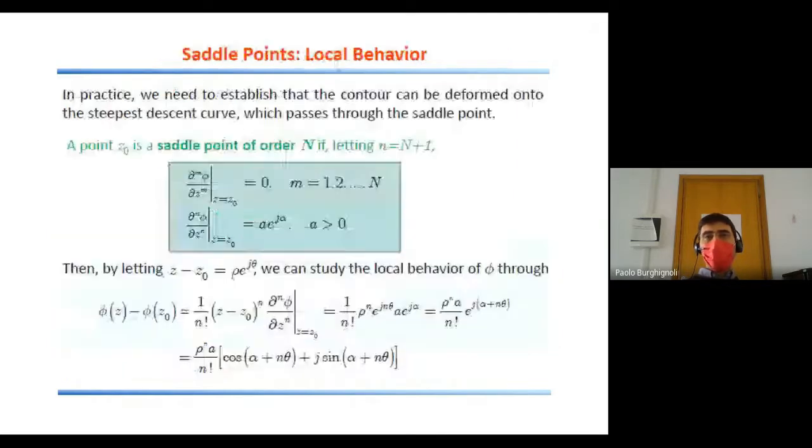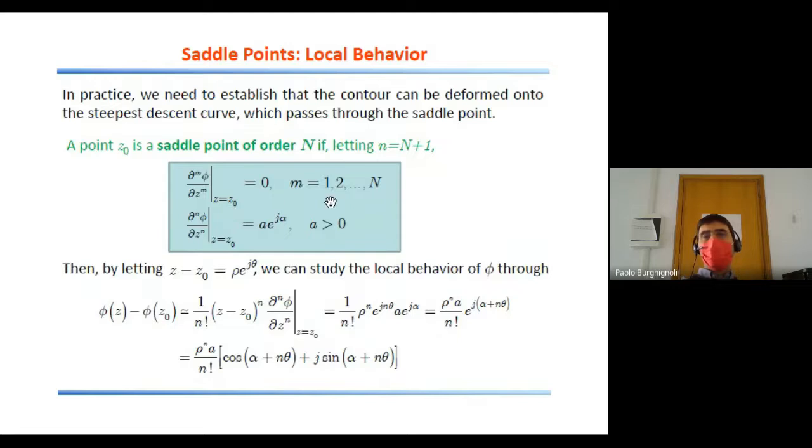So having said that, let us observe a little bit closer what is the behavior of our analytic function in a neighborhood of some saddle point. So let us now assume that the point z0 is a saddle point, and in particular we define a saddle point of order N, capital N, if by letting n, small n, equal to capital N plus 1, the following conditions hold: the derivatives of the function phi of order m up to capital N are identically 0 at the saddle point z0.